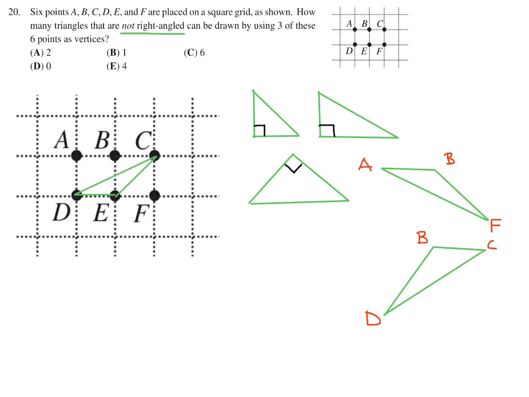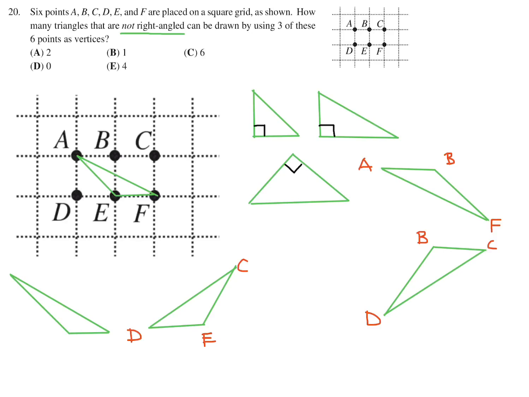This one would work, like that. And these vertices are D, E, and C. And I think I can get one more based on the symmetry of this diagram right here. That one.